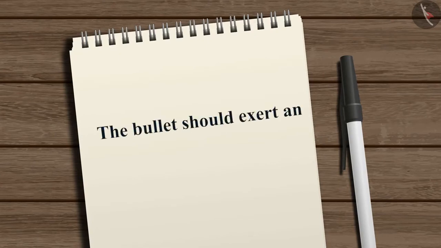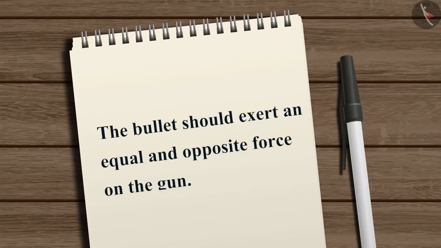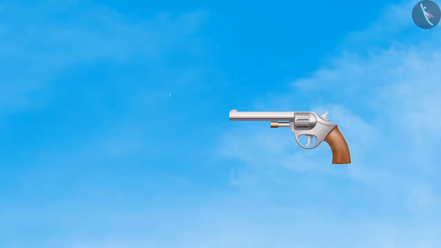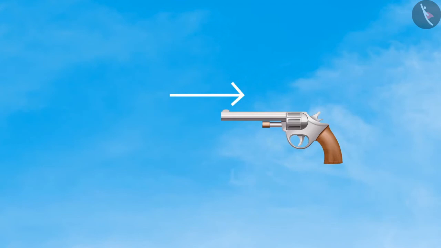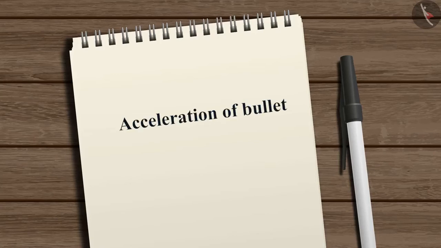According to the third law of motion, the bullet should exert an equal and opposite force on the gun. This results in the recoil of the gun. However, the mass of the bullet is much smaller than the mass of the gun. Thus, the acceleration of the bullet is much greater than the acceleration of the gun.